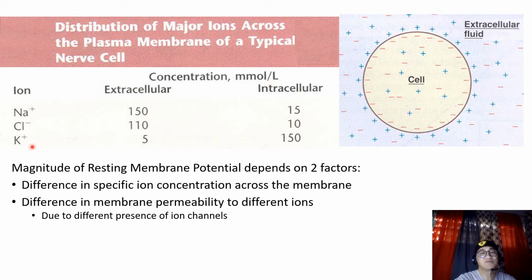Whereas potassium is more concentrated inside, intracellularly, than outside the plasma membrane of neurons. Because of this difference of concentration, the ions have a tendency to diffuse across the membrane, and they generate a potential difference, which we call the resting membrane potential.